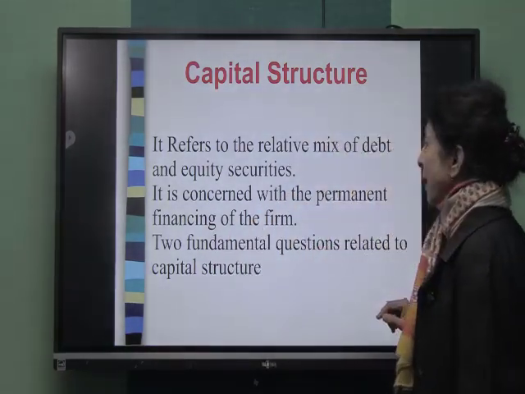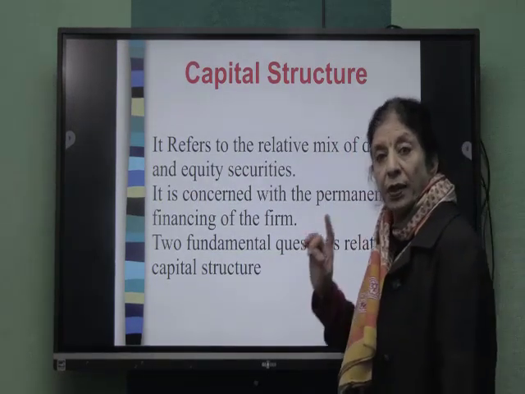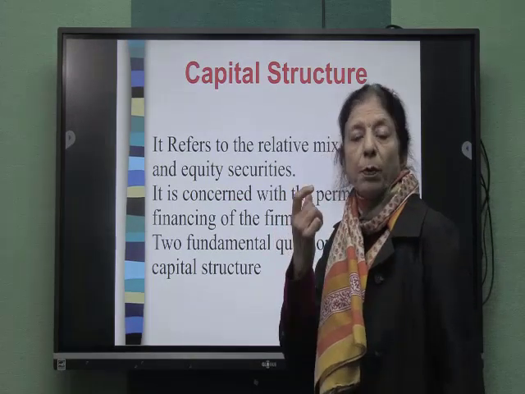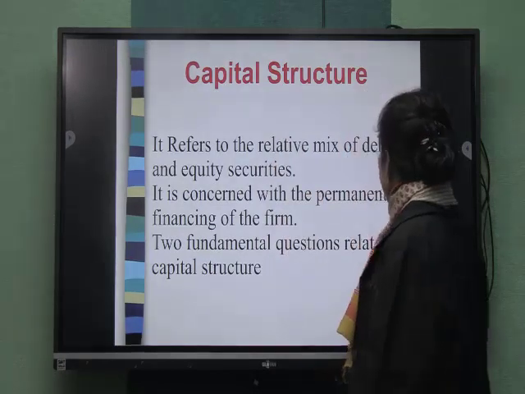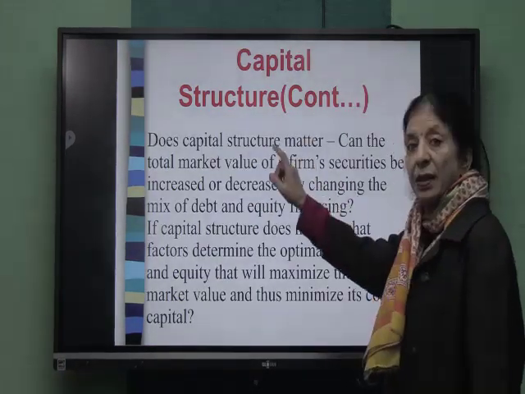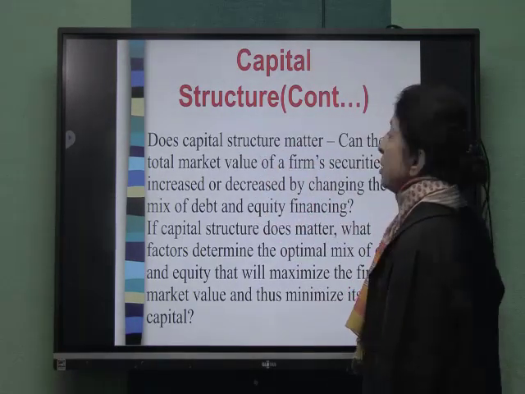If I go for that, then we have to find out whether there can be an optimum capital structure. If there is an optimum capital structure, then the value of the firm will go up. Okay? And therefore, just see whether the capital structure matters or it does not matter.